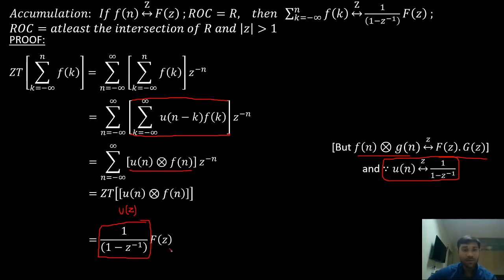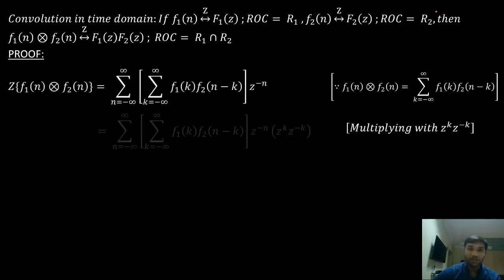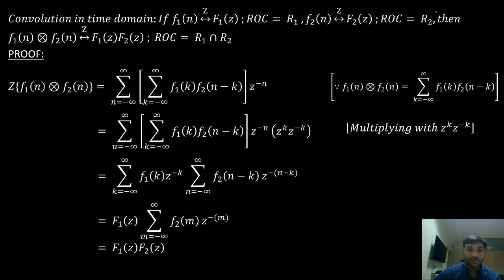This is my final expression for the accumulation property. Convolution property: convolution in the time domain is nothing but multiplication in the frequency domain. We have already seen this proof a number of times, so we are not going through this again. You can have a look at this and try to solve it.